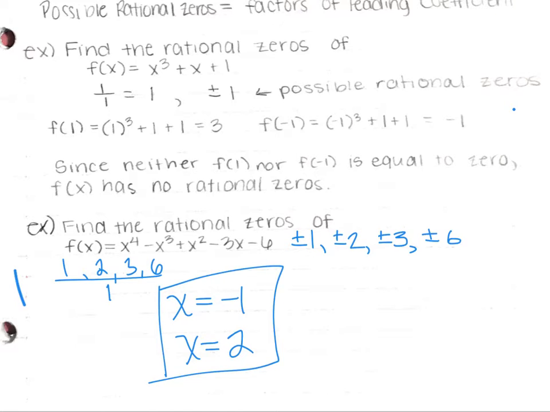But these are the two that we have. And this is another one of those cases that you could either use substituting those in, or you could use repeated synthetic division to test these.